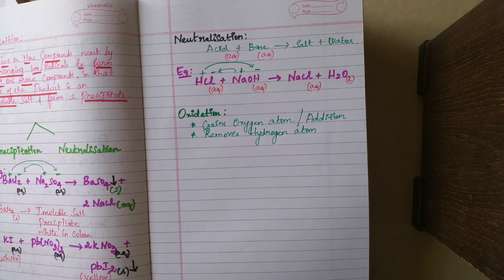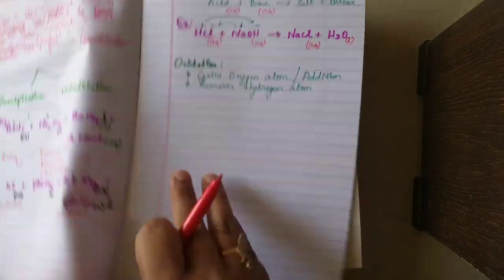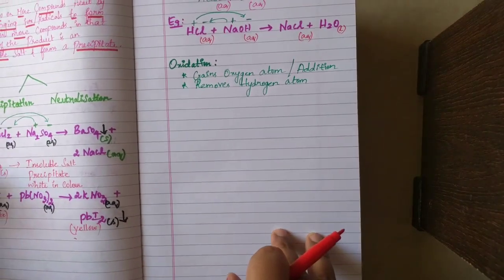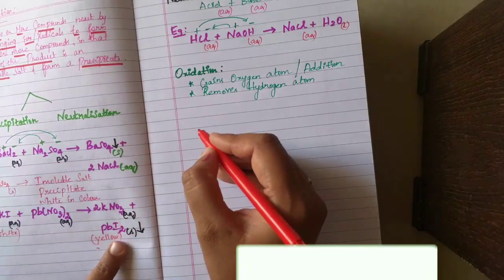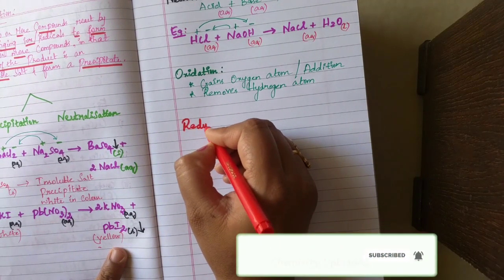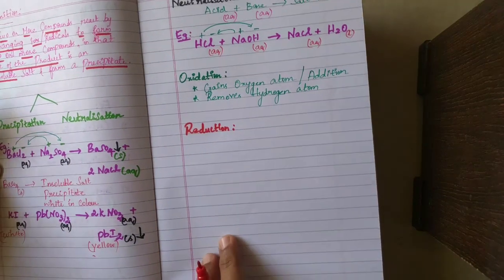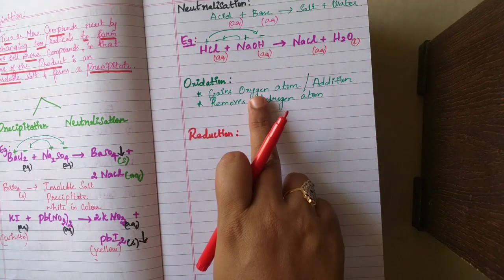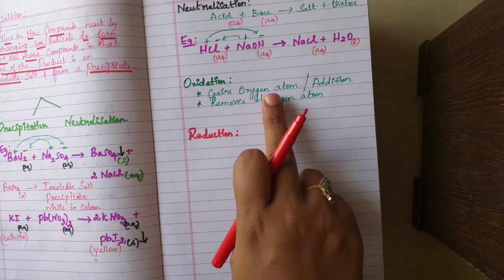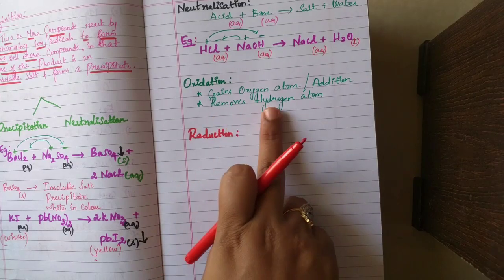Next, reduction. See students, oxidation means gain of oxygen atom or addition of oxygen atom. Another definition is removal of hydrogen atom.